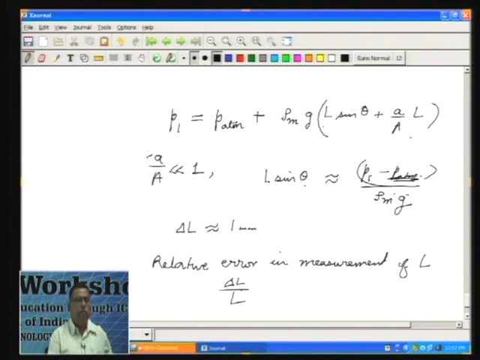So, the advantage of this inclined manometer is that for a given pressure difference which you want to measure, the length L or the manometer reading is going to be large, which will reduce the relative error in the measurement.